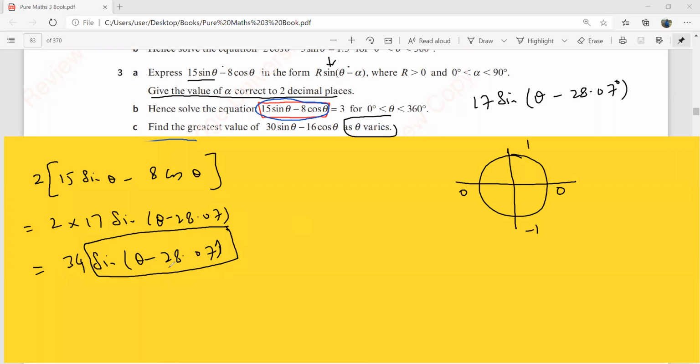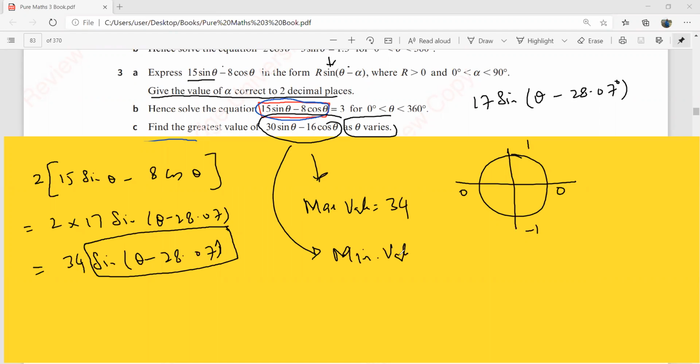So sine theta minus 28.07 can have a maximum value of 1. Therefore, the maximum value of 30 sine theta minus 16 cos theta is going to be 34. And what would be the minimum value? Minus 34.